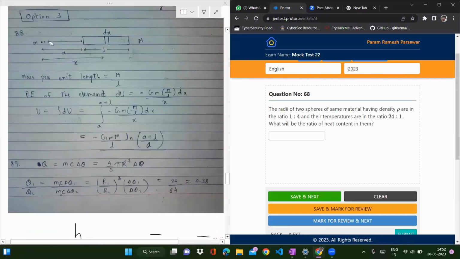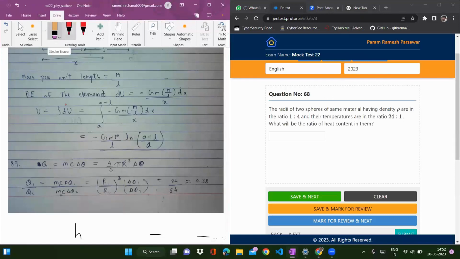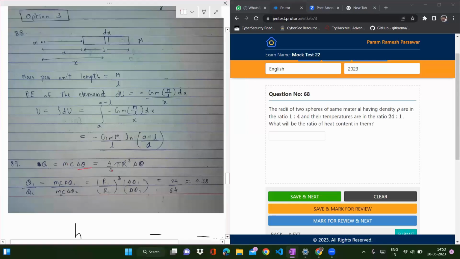So we have the relation Q equals m s delta T or m c delta T, where m is the mass, c or s is the specific heat capacity of that material, and delta theta is the change in temperature. In this case, the object is a sphere, so the mass is rho times volume. Rho is the density and volume will be 4 by 3 pi r cube.